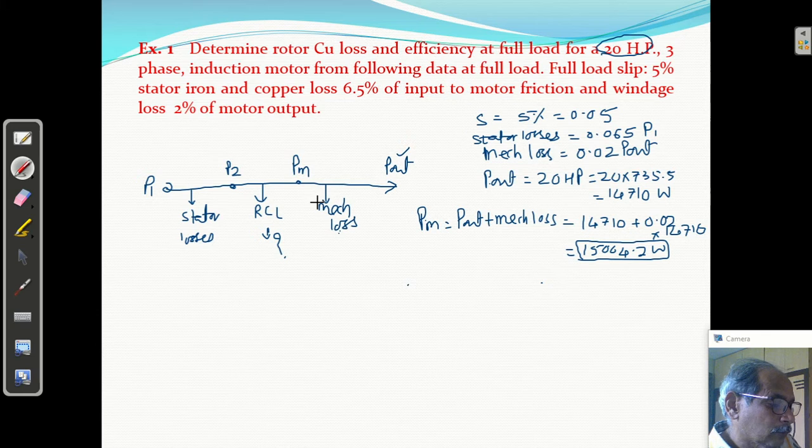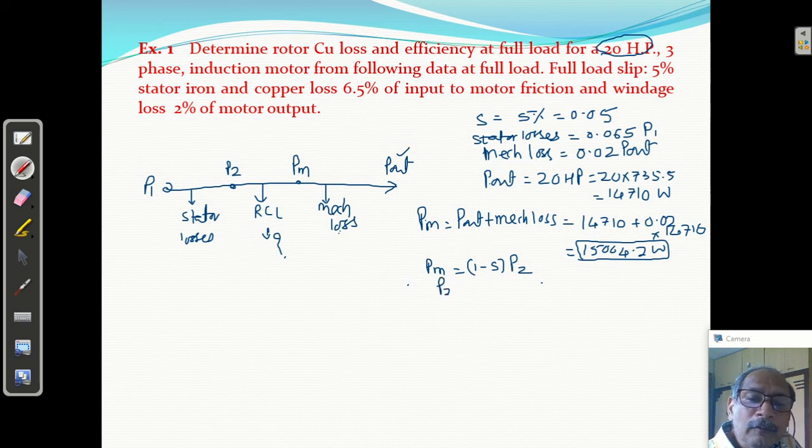Now we know the formula: PM equals (1 minus slip) into P2, where P2 is the rotor input. Slip is given, so you can calculate P2.